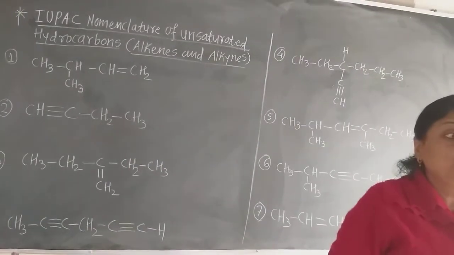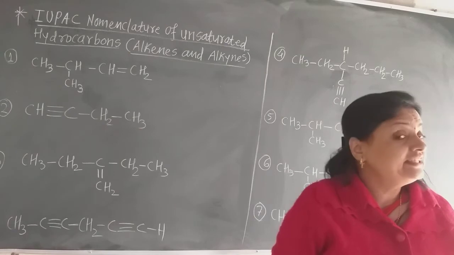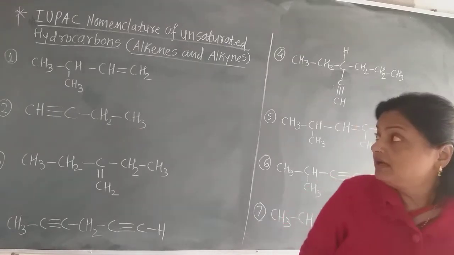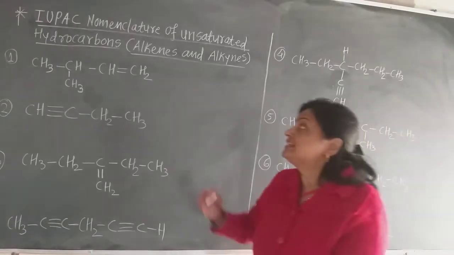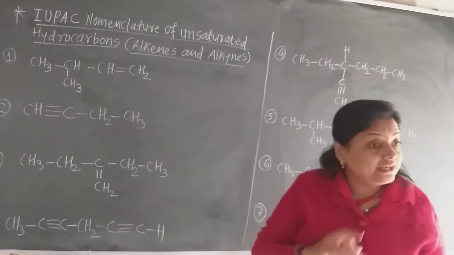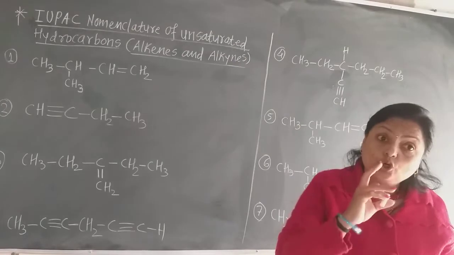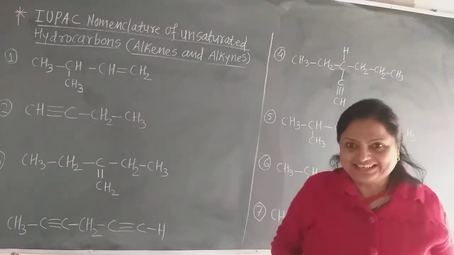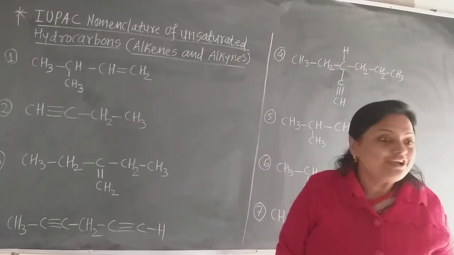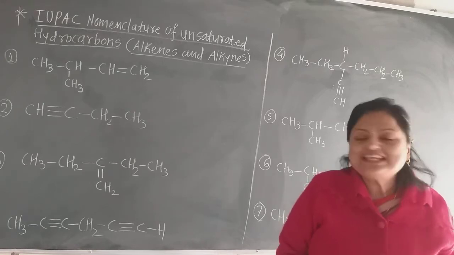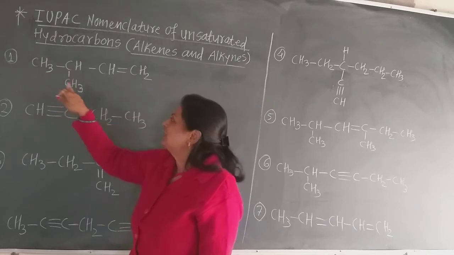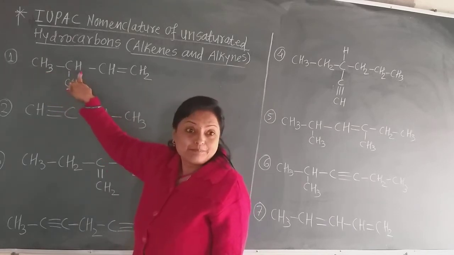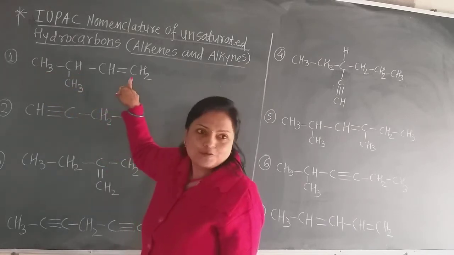I tell you, though the alkyl substituent is nearer to the left hand side, if the double bond is nearer to the right hand side, then number the carbon atoms with the lowest locant from the right hand side, because the double bond is nearer to the right hand side. So see here, the numbering is done from this side, not this, though the alkyl group is near to this, because the double bond is near from this side.